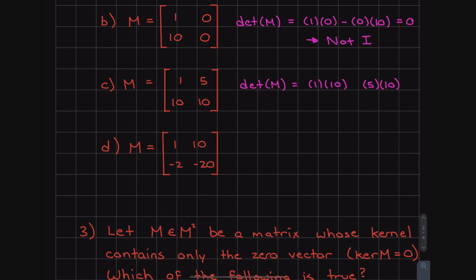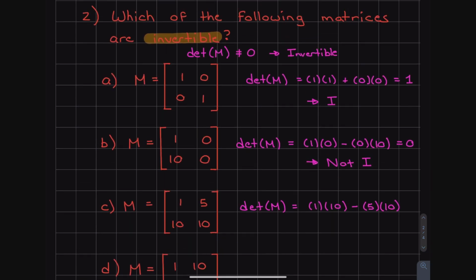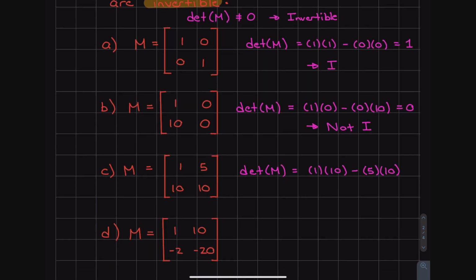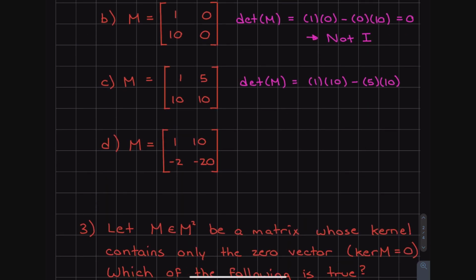All right, coming up here. Oh, yeah, I messed up on all of them. I bet I was just driving you crazy. All right, so the first one is going to be 10, and we minus 50. So the determinant here is negative 40. And even though it's negative, like a lot of people say, oh, negative, that must mean something bad. Nope, it's still good to go because it's not equal to 0.